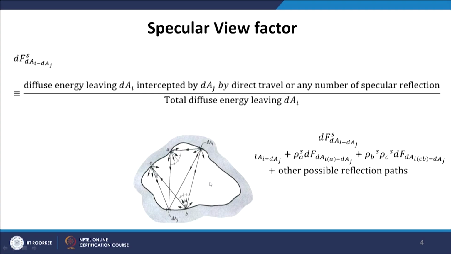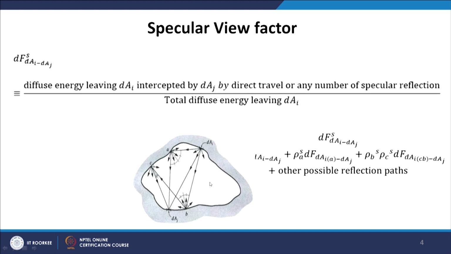Just like we have defined the diffuse view factor, we can also define a specular view factor. The specular view factor is defined as the total amount of diffuse energy leaving an element dAi and received by another element dAj directly as well as after any number of specular reflections.